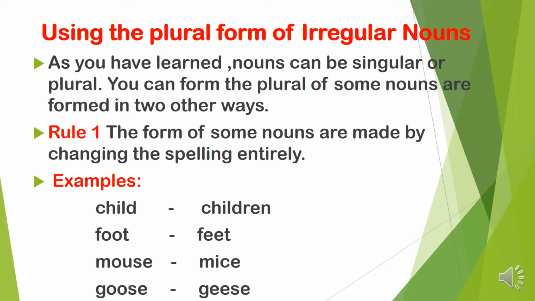Mouse, mice. Goose, geese. Remember, the form of some nouns are made by changing the spelling entirely. Just like what I said, the word child becomes children. The word foot becomes feet. Mouse becomes mice. Goose becomes geese.